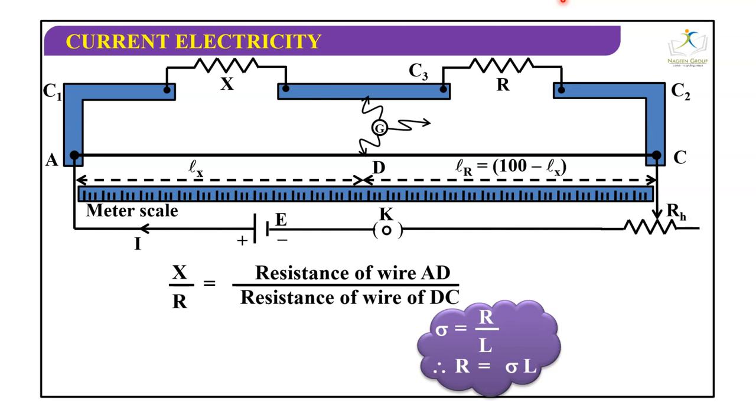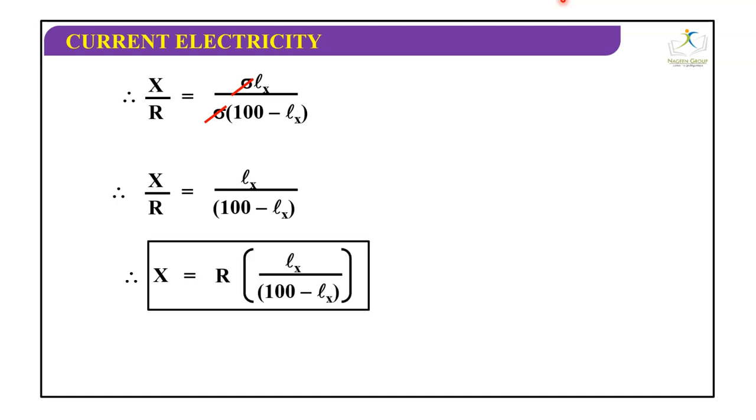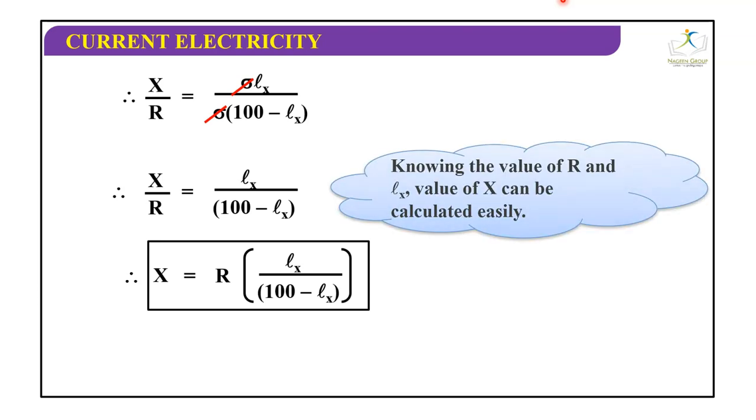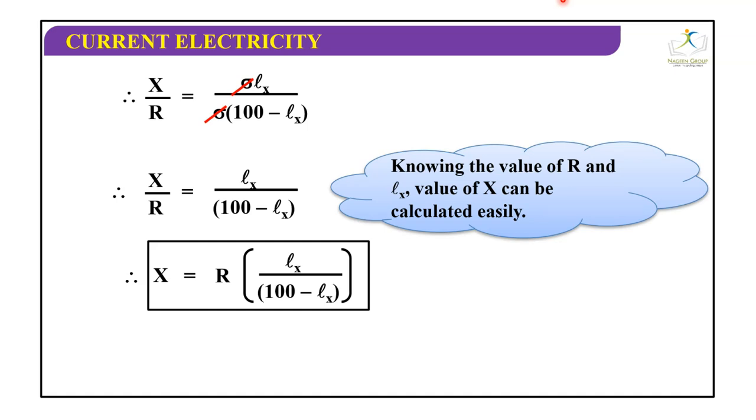That means R is equal to sigma L by A, so resistance is proportional to L. We can put this value over there and get the value of X by R, which is Lx by 100 minus Lx. So X is equal to R times Lx divided by 100 minus Lx. So knowing the value of R, X can be calculated easily.